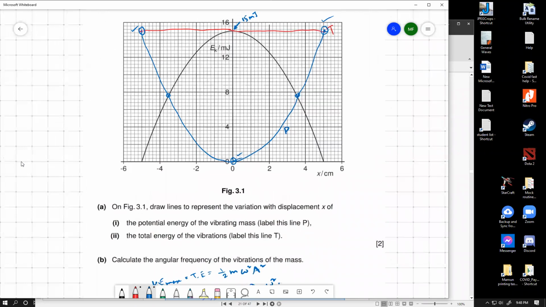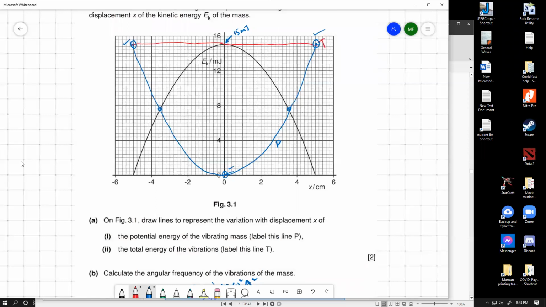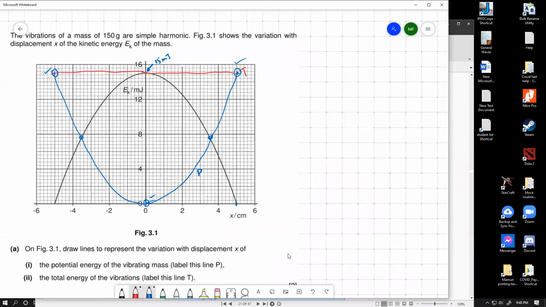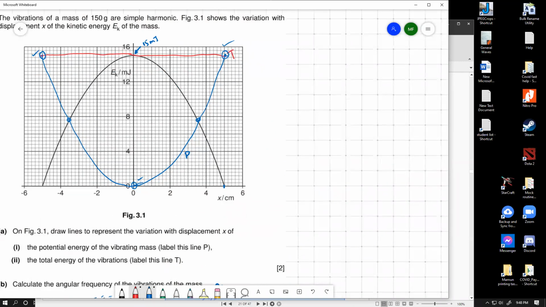And the amplitude over here is 5 centimeter. That expression gives us the total energy, and that's basically it. You place all the values in SI units and do the calculation to find omega. That is not the more challenging thing. The more challenging part is a bit later.